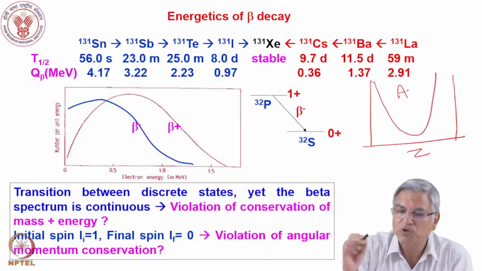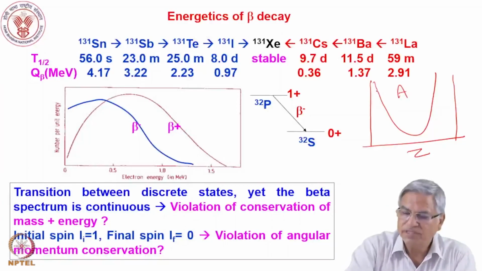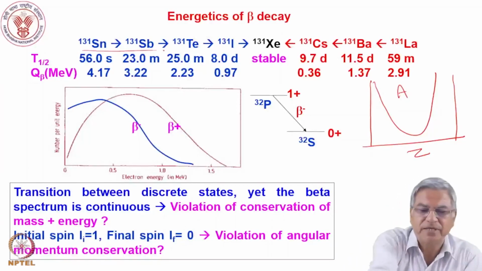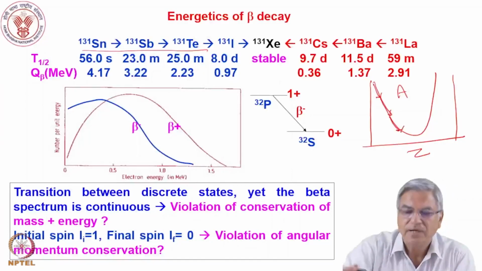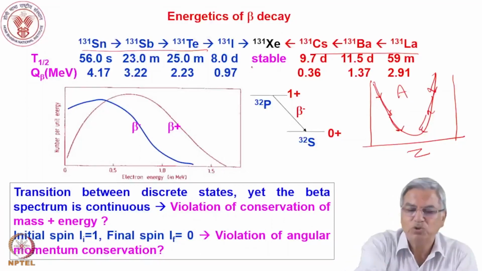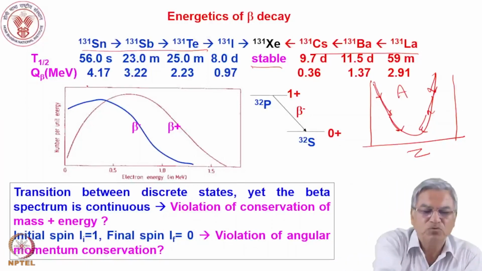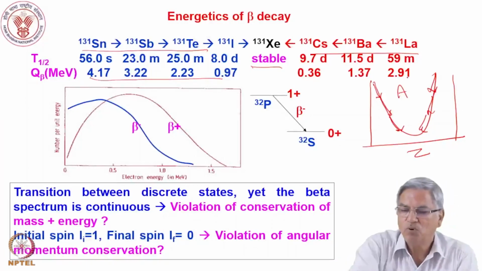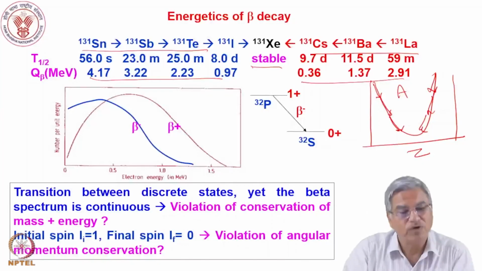Say for a particular odd A, the lower Z nuclei like tin, antimony, and tellurium undergo beta minus decay, and the higher Zs undergo beta plus decay to stabilize at the most stable isobar. As you can see here, the Q beta values decrease from both sides. So whatever nucleus is away from stability has a higher Q value.